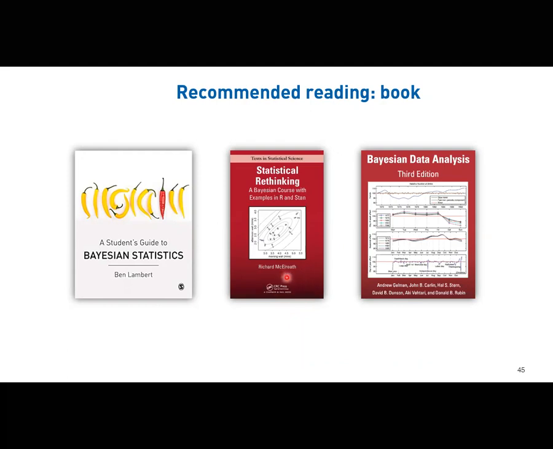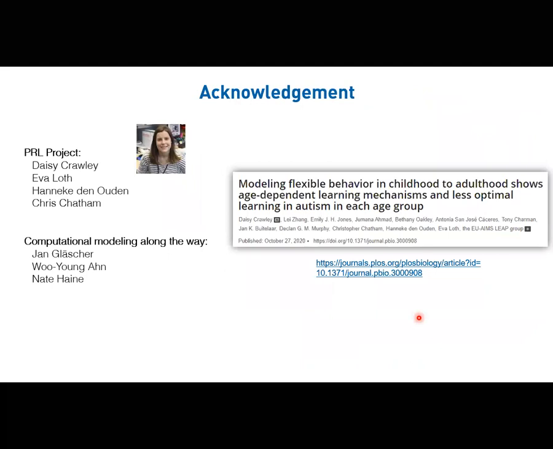I think I mentioned him earlier in the first lecture, and he has a YouTube channel as well. You can also watch his lectures on statistical rethinking. And the third one is pretty difficult, honestly. So maybe at a later point, if you finish the first two books and want to go further, you can read the third. The autism work that I showed you currently is from this paper.